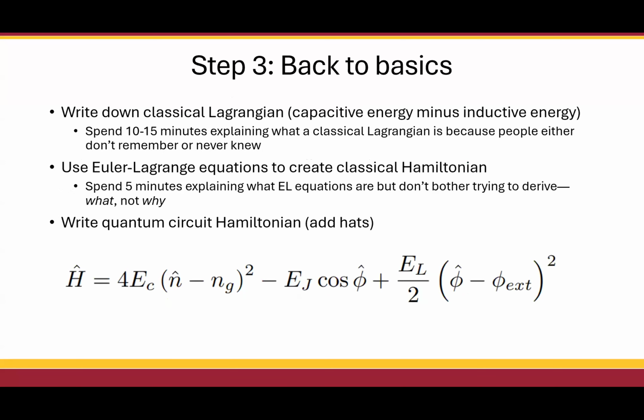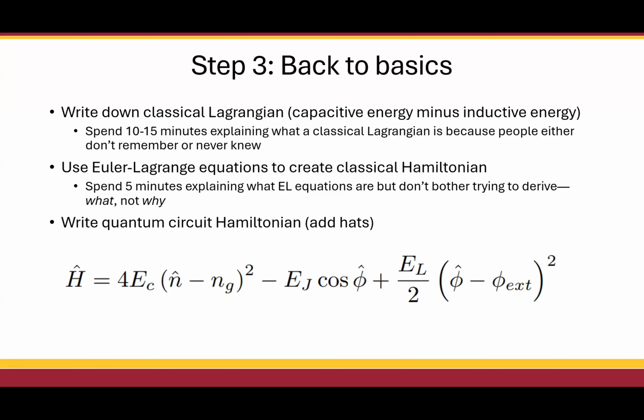And write down the Lagrangian. They don't know what a Lagrangian is. Maybe a third of them learned it ever, and they have all forgotten. Between 2006 and 2018, I didn't write down a Lagrangian, so I can't blame them.